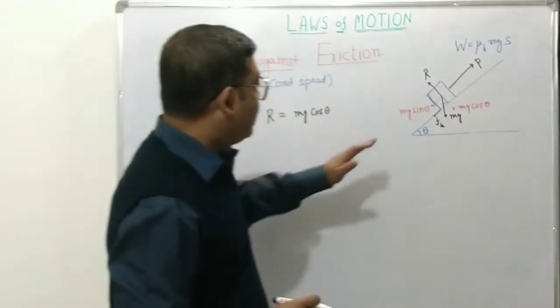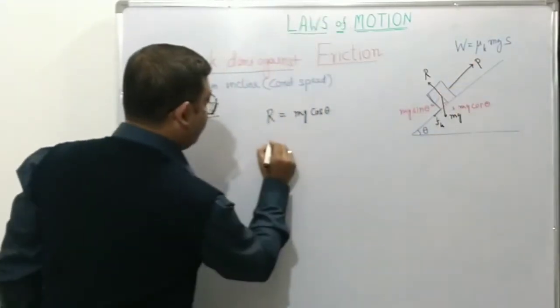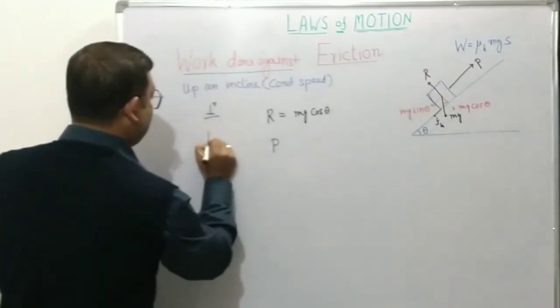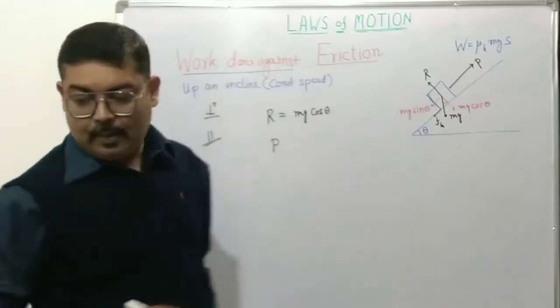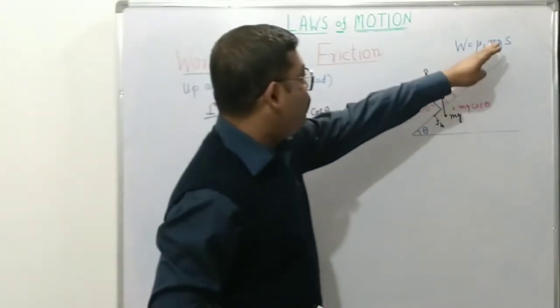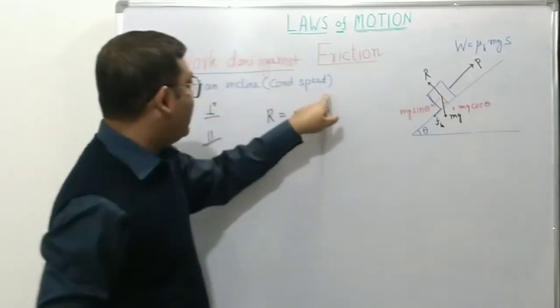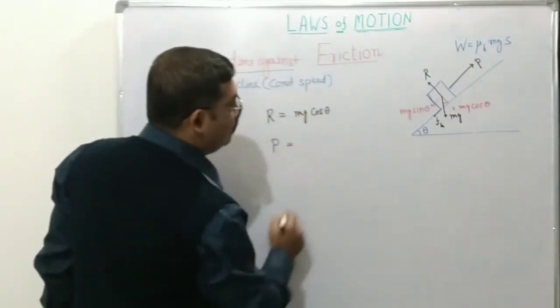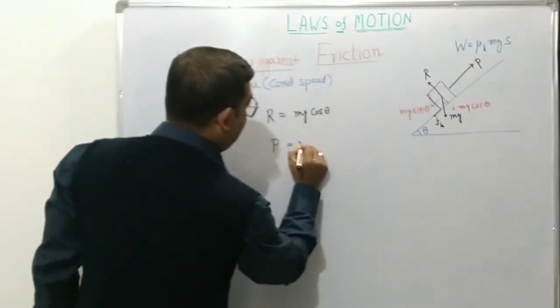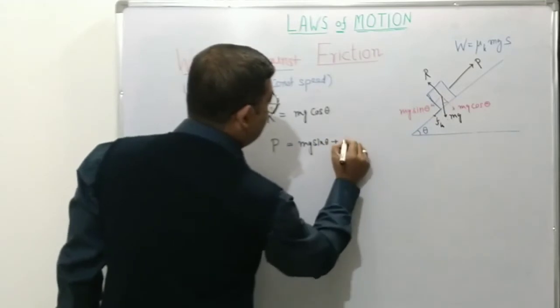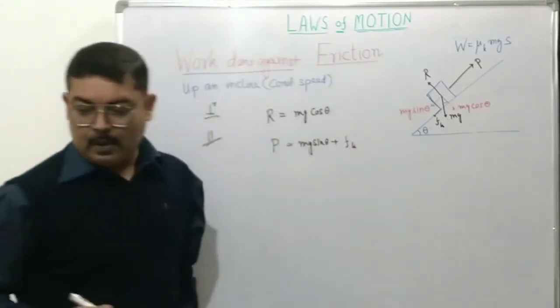If we consider the direction parallel to the plane, then there is an upward pull P. Parallel to the plane, then what do we have? Upward push. Since there is no acceleration, the object is moving with constant speed, so this must be equal to the downward forces of mg sin theta plus Fk.